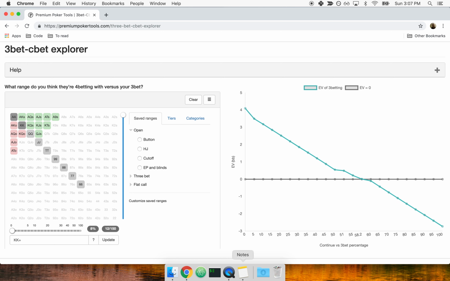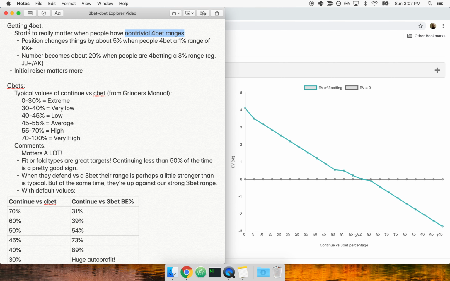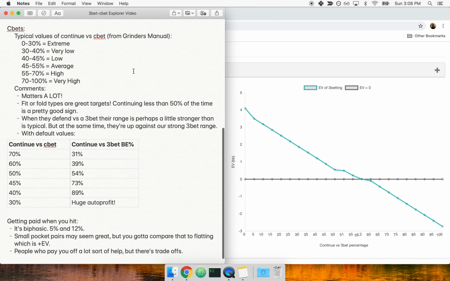So those are the two factors with 4-betting to think about. If the people behind you have non-trivial 4-bet ranges, you want to be careful. And if the initial raiser is the type to 4-bet bluff, then you have to worry a little bit more as well. Okay, so that was 4-bets.